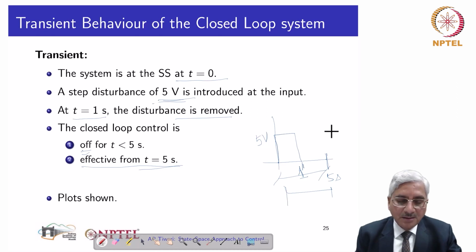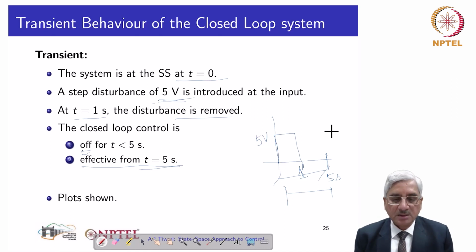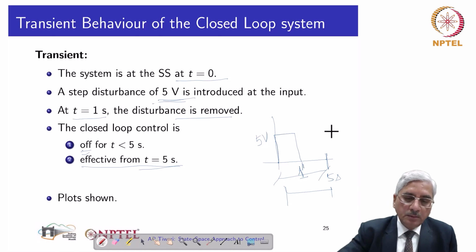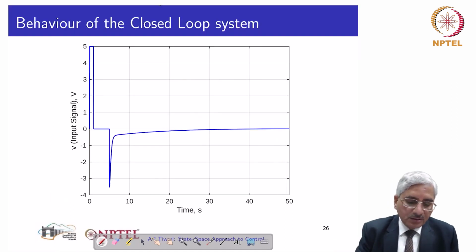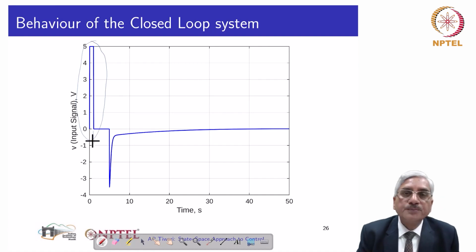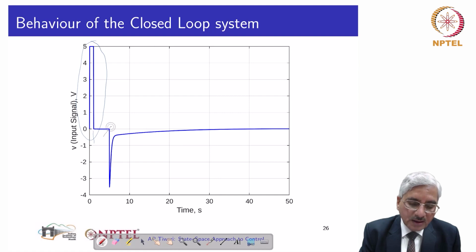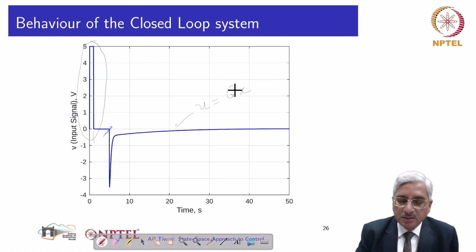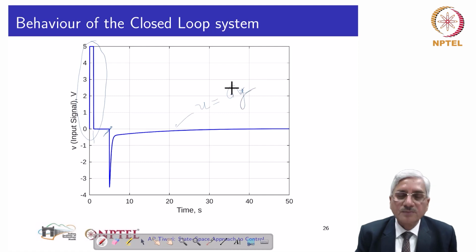Subsequently, it is under the output feedback control with values of G1 and G2, which I showed in the previous slide. So this is the input variation: first second the disturbance, subsequently no input, autonomous, and then here the closed loop control is switched on. This is the variation of u equal to gy with those values of g.